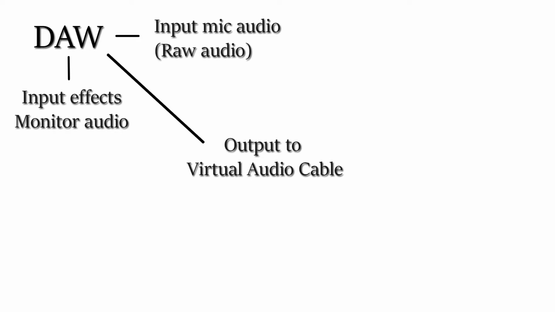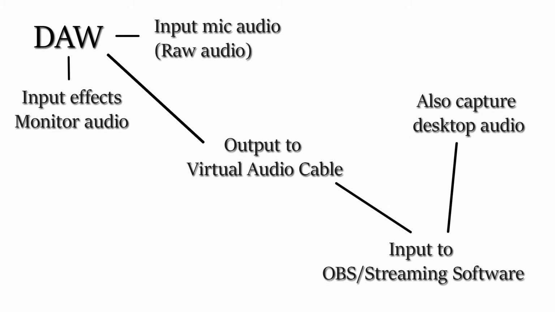Now, you don't need to wonder what exactly a virtual audio cable is. It's just like a virtual output that exists on your computer to give your computer somewhere to take the next step to. It's just like a little hub where it saves what you've done already to pass it on to something else, which I'll show you in the next part of this process, which is actually capturing the audio through your OBS or streaming software, which is what I'll show you in a minute.